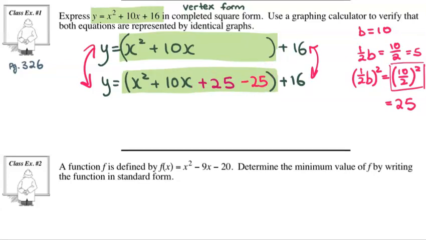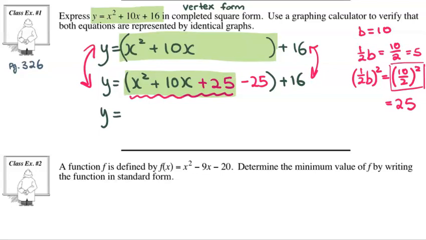You are doing that because by adding a 25, you now have 3 terms here that actually do form a perfect square. I'm going to ask you to just look at these 3 terms and ignore the negative 25 and plus 16. As you can see, my coefficient in front of the bracket is just 1. So I can actually just drop the bracket. The bracket is not doing anything for me.